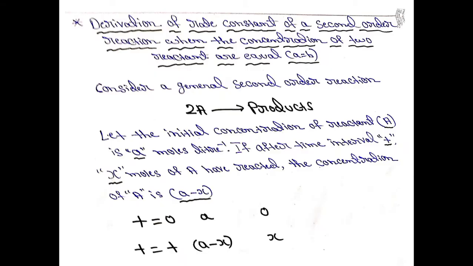Next is derivation of rate constant of a second order reaction when the concentration of two reactants are equal, that is A equals B. Consider a general second order reaction, that is 2A gives product. At time t equals 0, the initial concentration of the reactant is a, the product is 0.